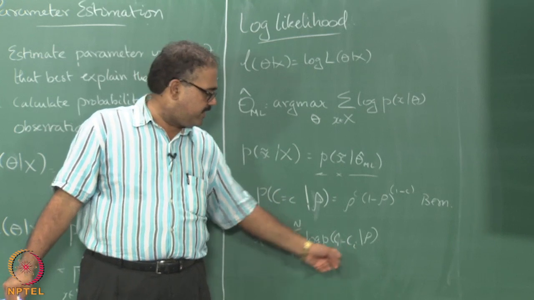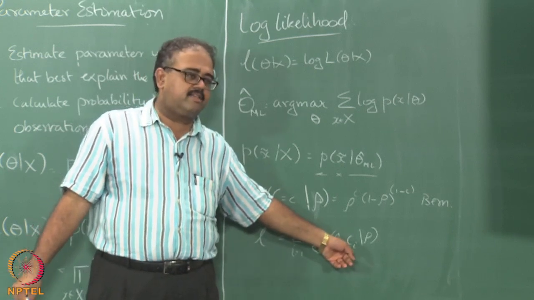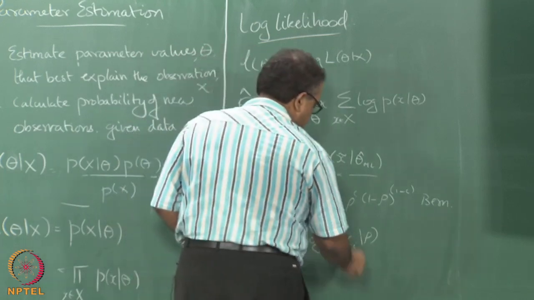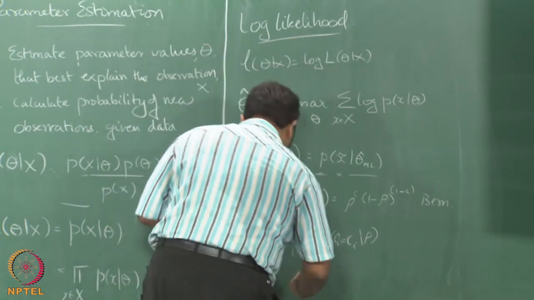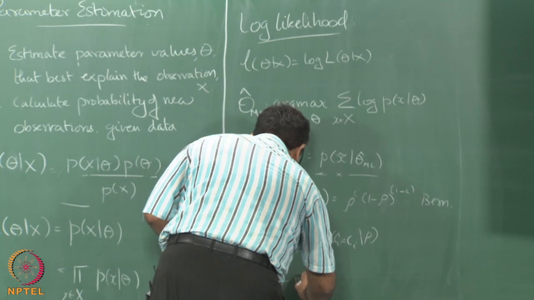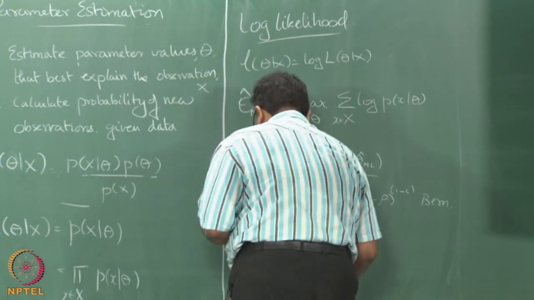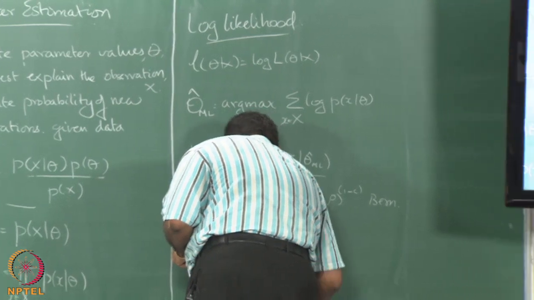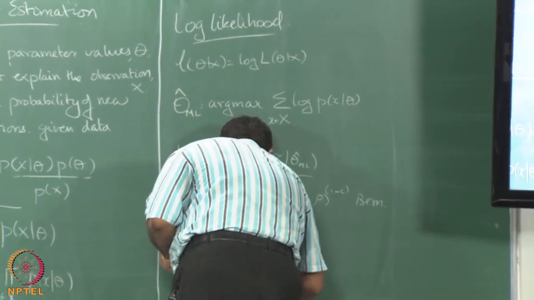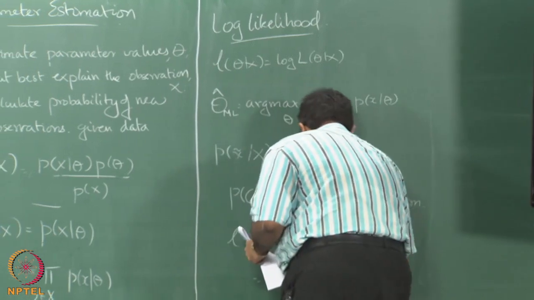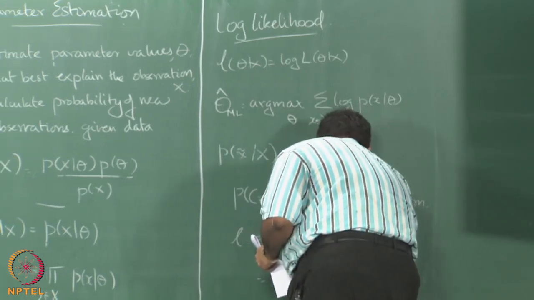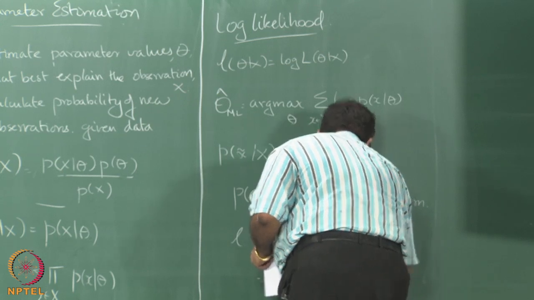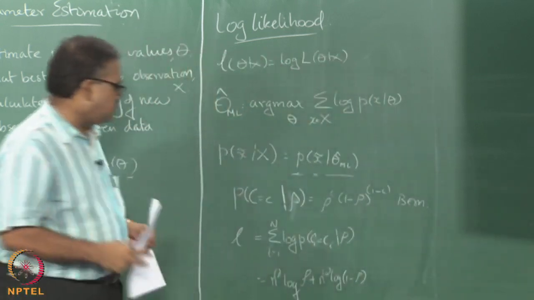So what is the probability that the random variable can be lowercase ci given the parameter rho, and sum this over all the tosses.